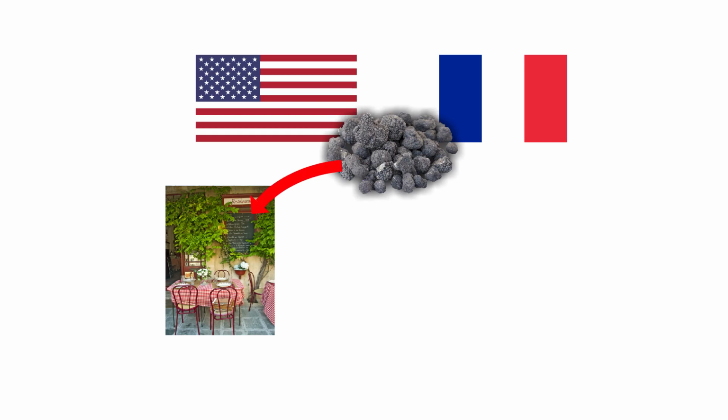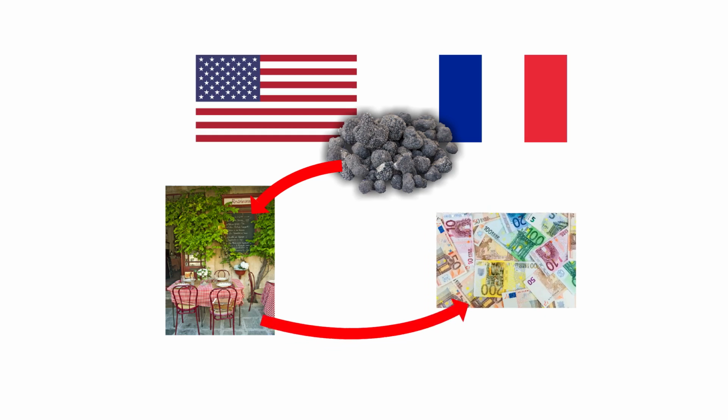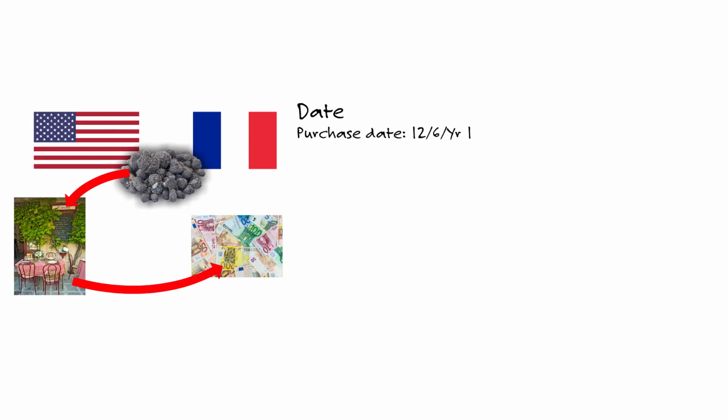Little Cabbage has no ownership interest in Les Grands Truffles and agrees to pay for truffles in the euro. On December 6th of year one, Little Cabbage purchases 250 units of truffles at 1 euro each. On that date, the spot rate is $1.11 for a euro. Little Cabbage pays the bill in full in March.